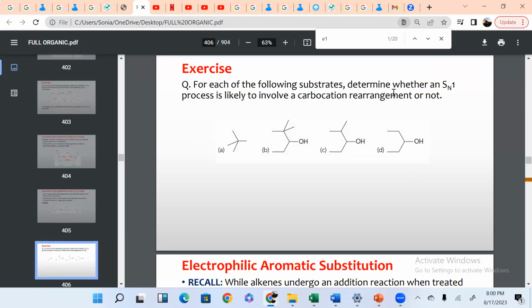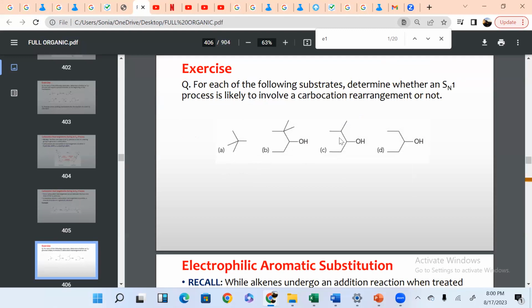So this is just an exercise. We can just do one and move on. So for each of the following substrates, determine whether an SN1 process is likely to involve a carbocation rearrangement or not. So if we look at A, for example, whatever group here leaves, like if this group leaves, there will be no carbocation shift because you will have a tertiary carbocation forming. If we look at B, the OH group here is the leaving group.